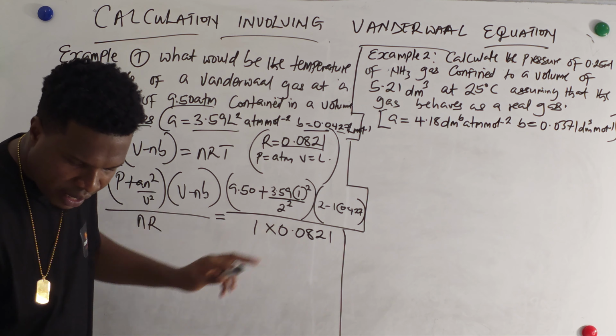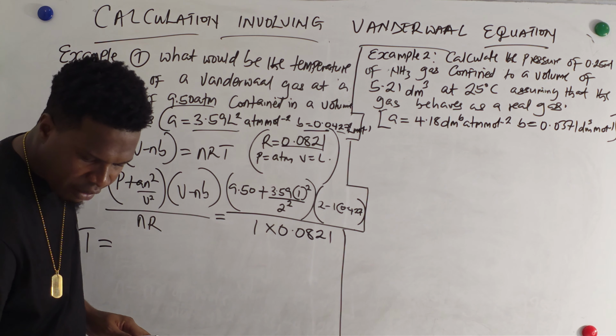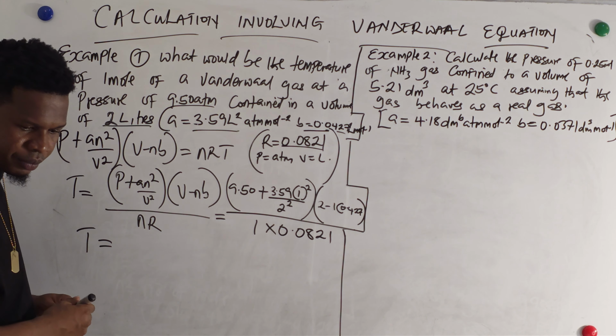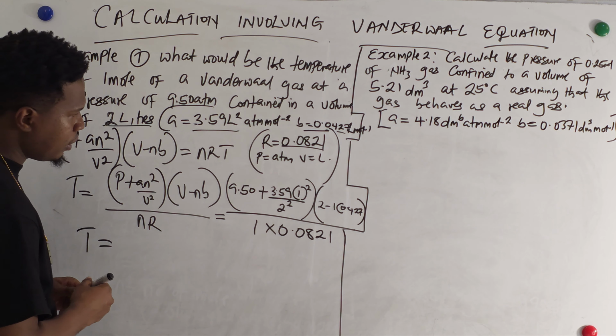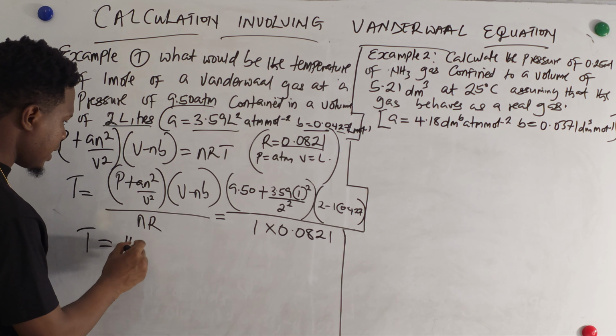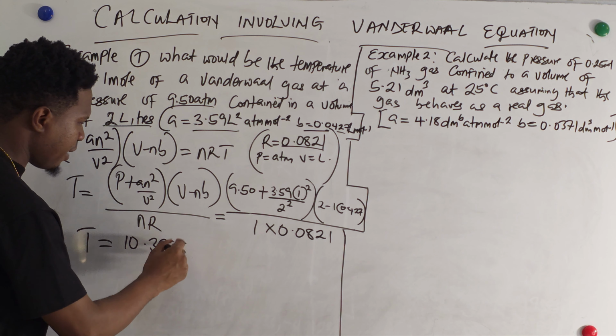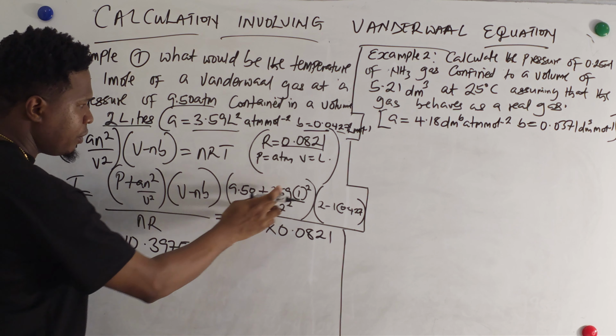If you take your time and punch this in, T will be equal to, having put all these values inside here and simplified everything inside that bracket, the final answer. Everything here will give us 10.3975. Simplify everything here and add it to this.